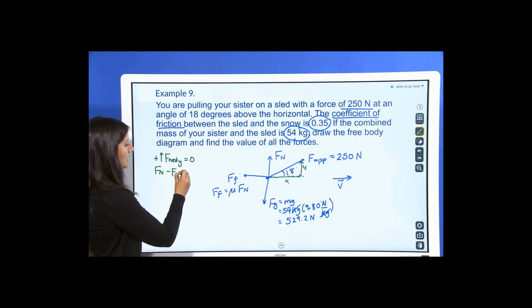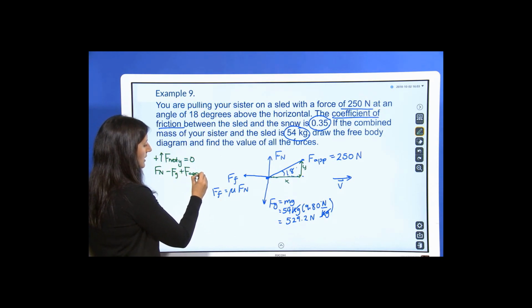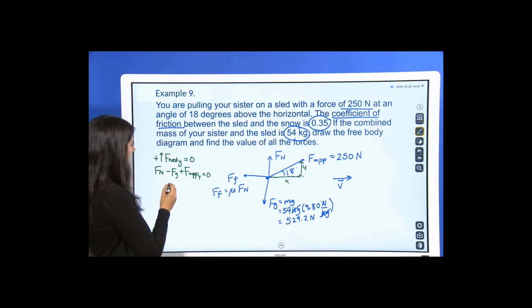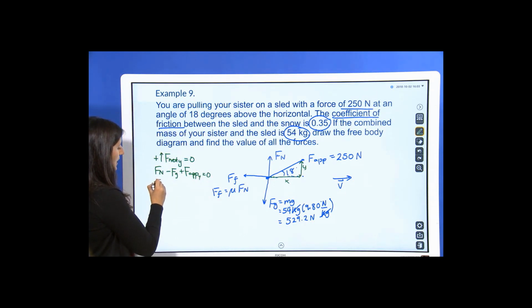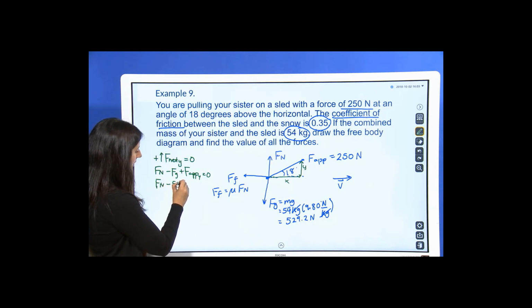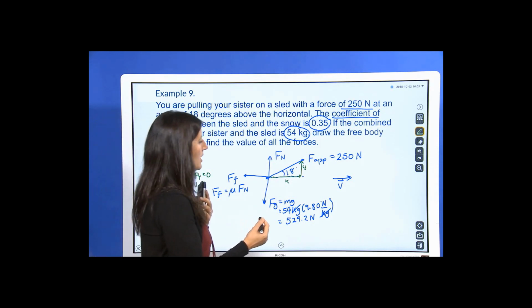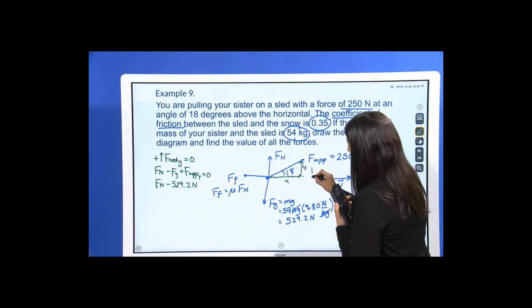So I'm going to call that positive because it's pointing upwards. F applied in the y direction equals 0. So my F normal is what I'm looking for. My force of gravity I already found is 529.2 newtons.